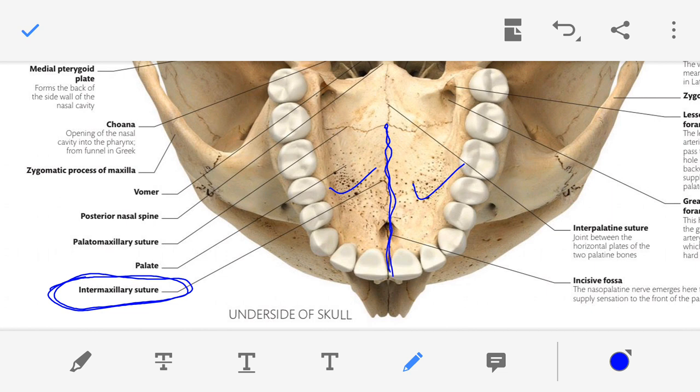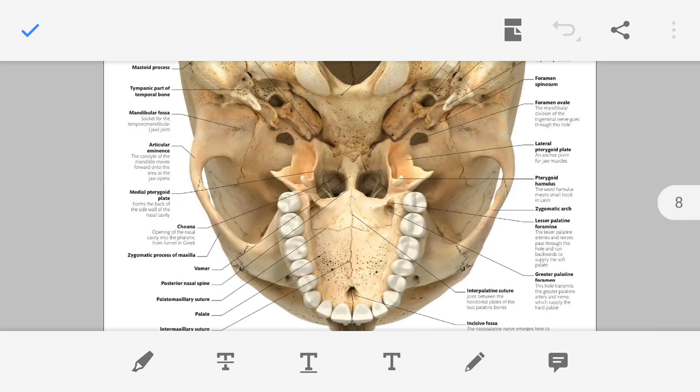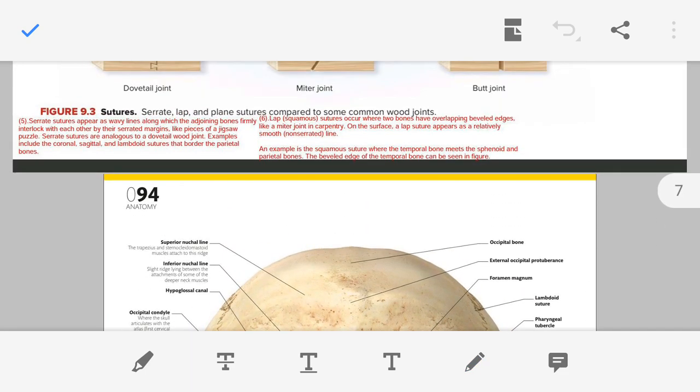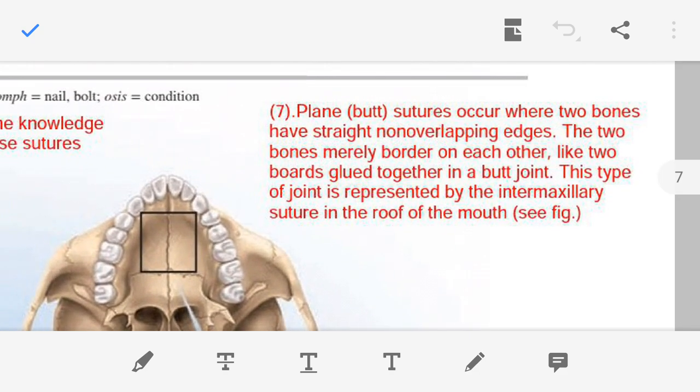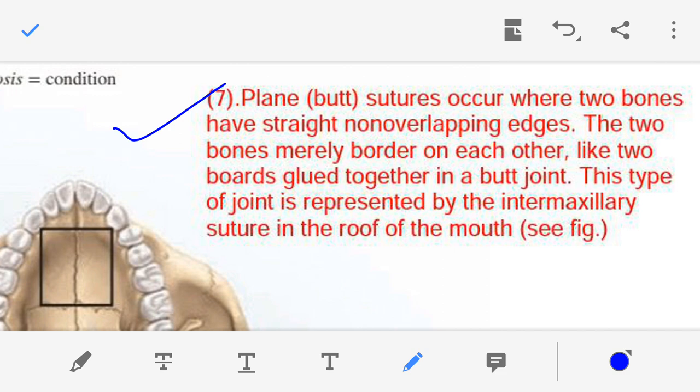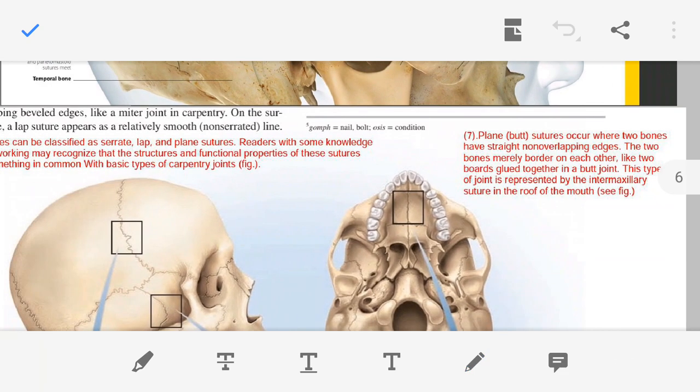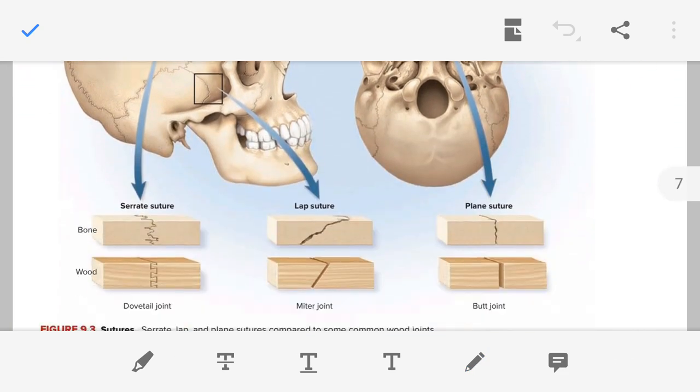Between the maxillary bones, the intermaxillary suture is there. So this is the 7th point. Now moving on to the 8th point of our discussion.